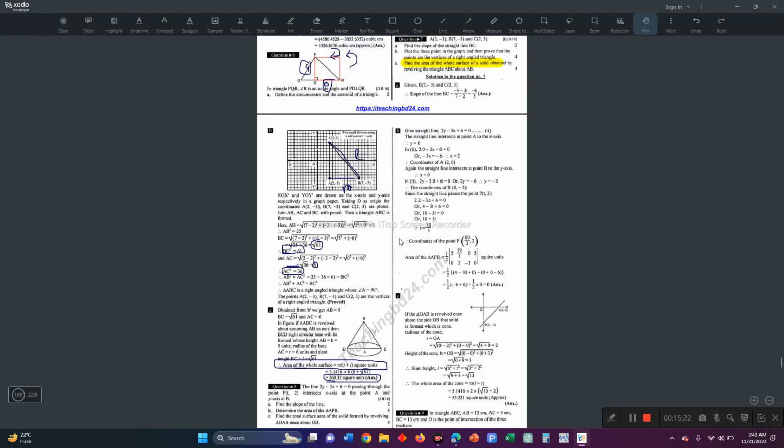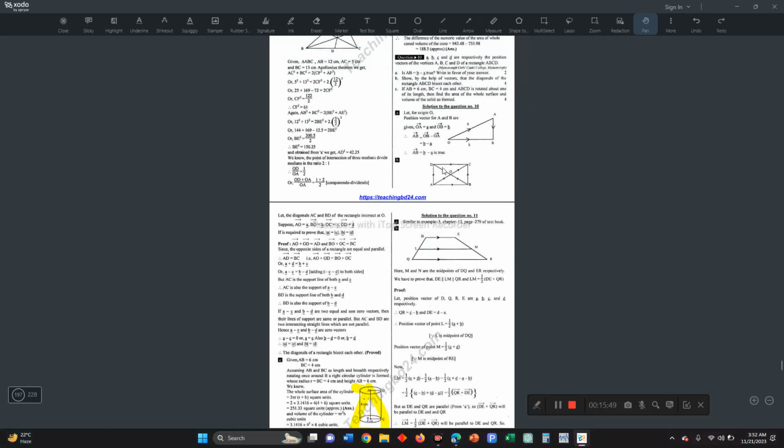So I want to tell that the questions are very easy, but the tricky part is the parameters, the values that we need. We have to practice this type of question so that we can find what they want from us, what is required to be determined.